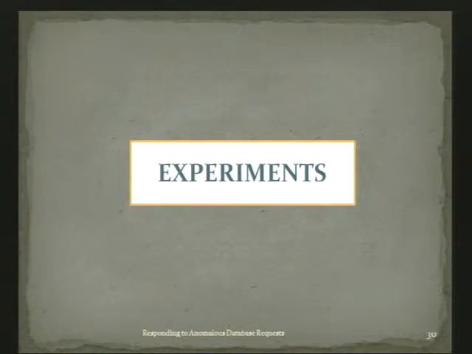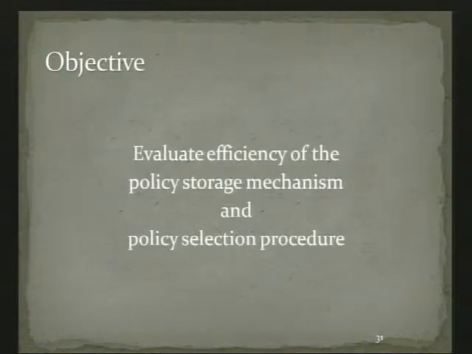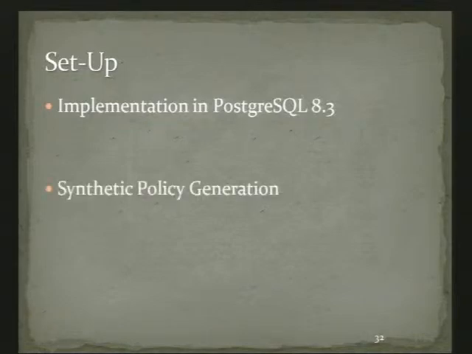So now I'm going to go over some of the experimental results. The objective of the experimental evaluation that we performed was to evaluate the efficiency of the policy storage mechanism, which I did not explain, and the policy selection algorithm, which again I did not present. But I think a couple of slides will give you the setup. The implementation is PostgreSQL 8.3.